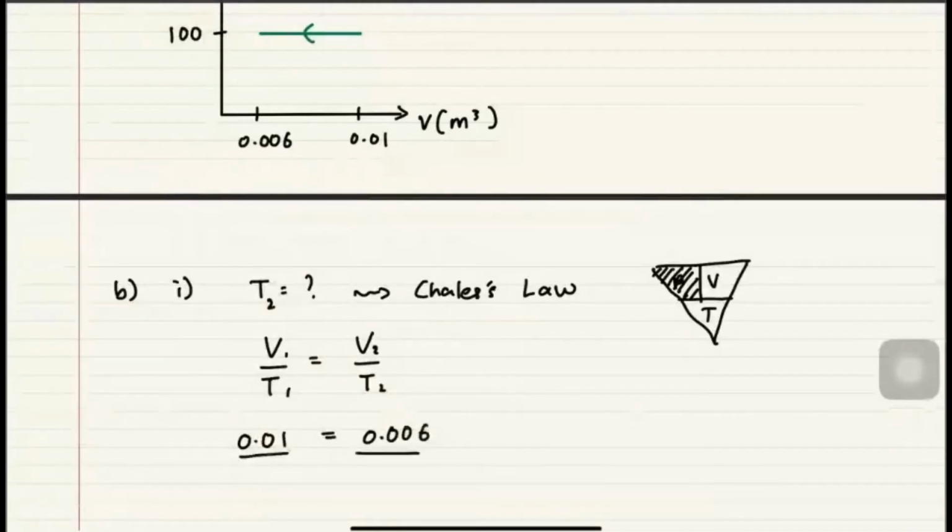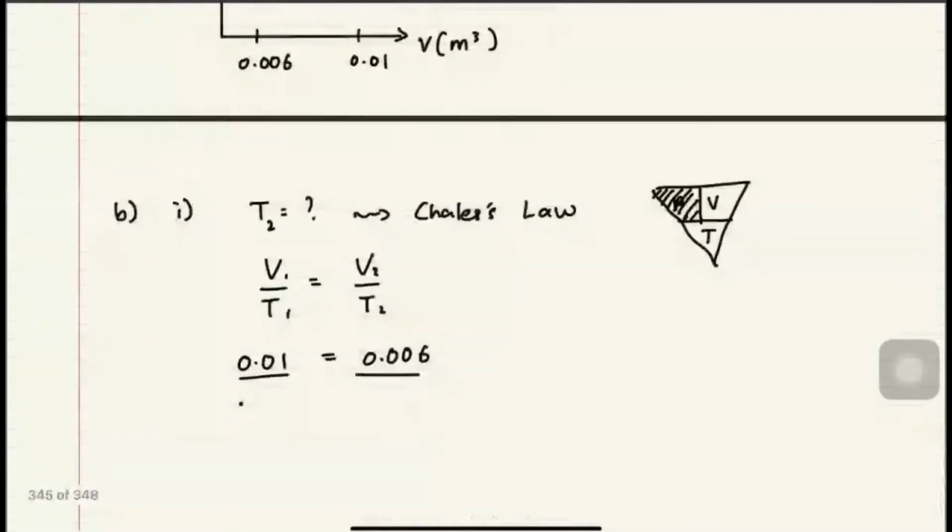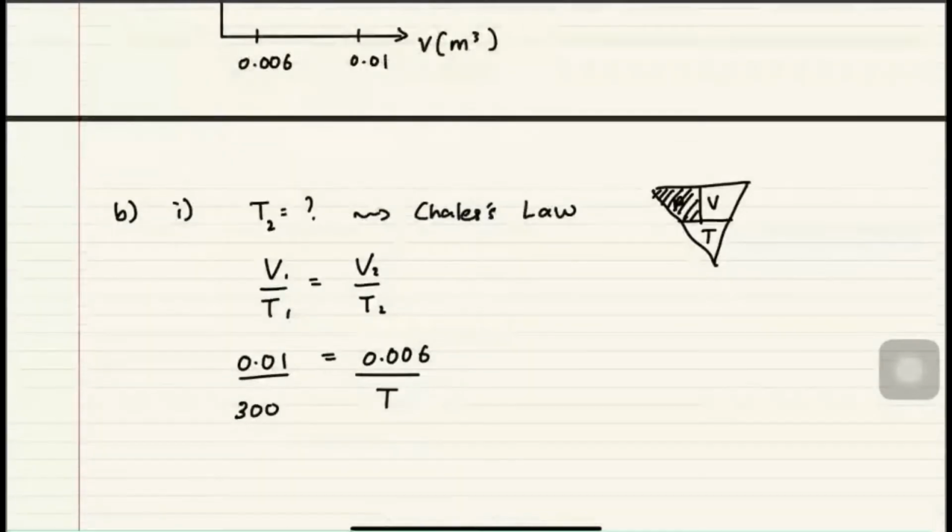Initial temperature is 300 if I'm not mistaken. Yes, 300. So T2 is over here. Okay, so again, even though this one is chapter 14, you apply the concept of chapter 13.